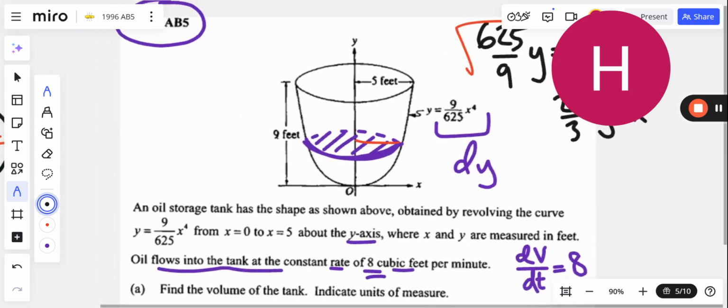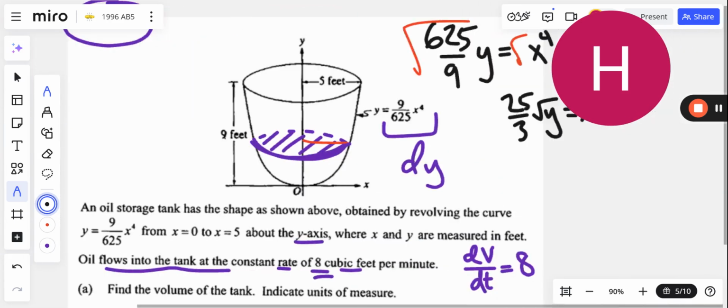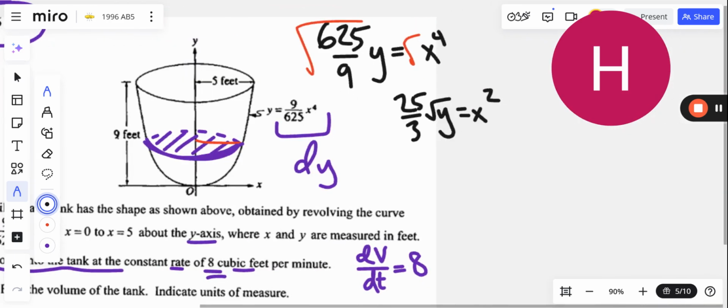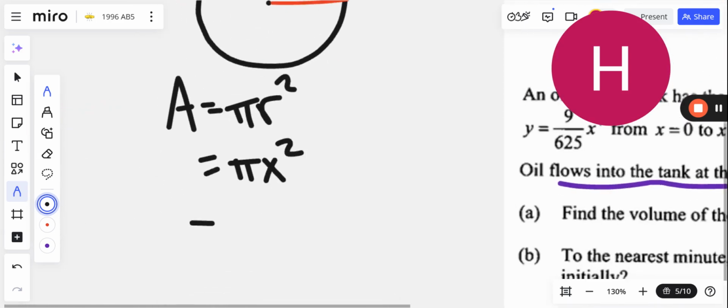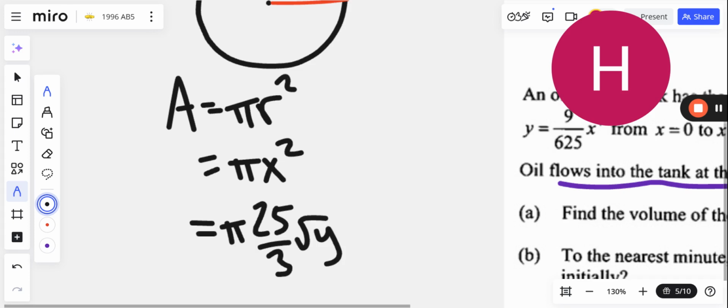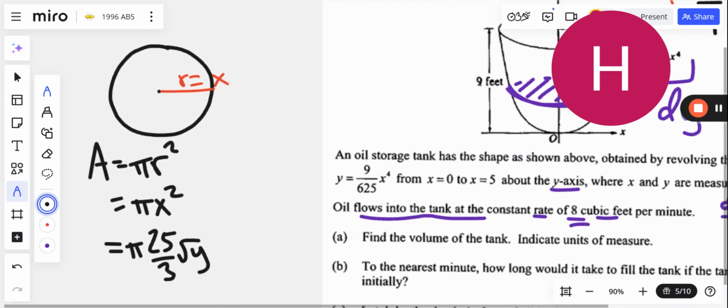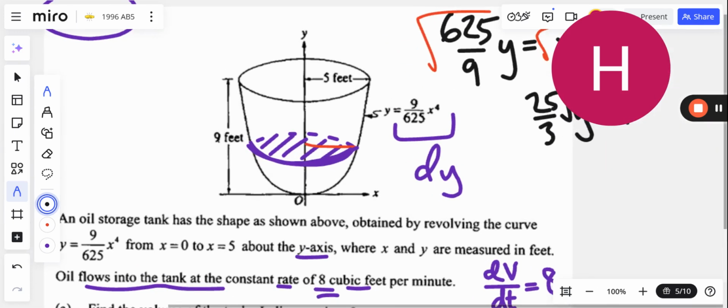So we don't even need to solve for x. We can just plug that in as x squared, right? So 25 over 3 times square root of y. We're not going to square that. That is what x squared is. So 25 over 3 square root of y. That is the area of one of the discs. So if you tell me how high the disc is, I can tell you what the area is of that slice. It can be down here.